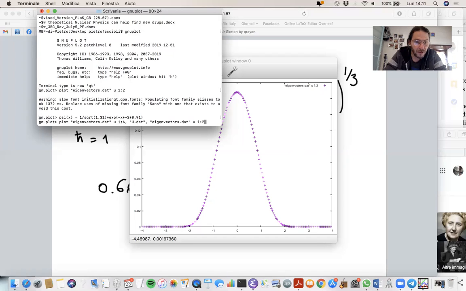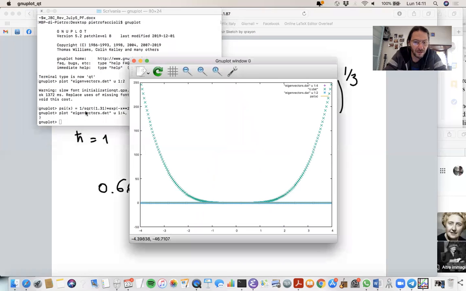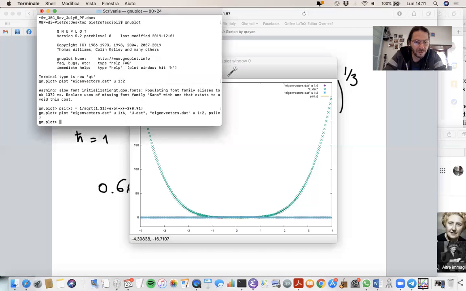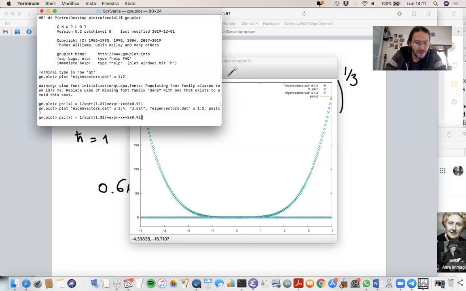So now I'm going to plot this together with the other. Okay, something is really wrong here. What can go so wrong? What have I done wrong here? Oh, yeah.